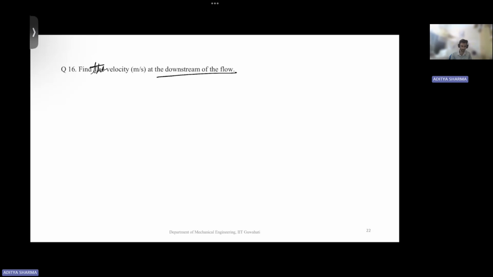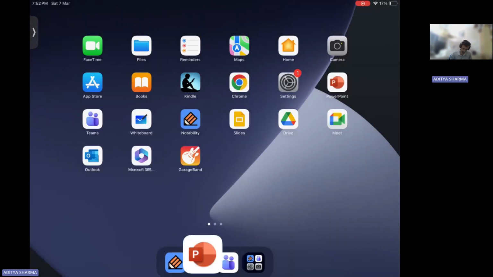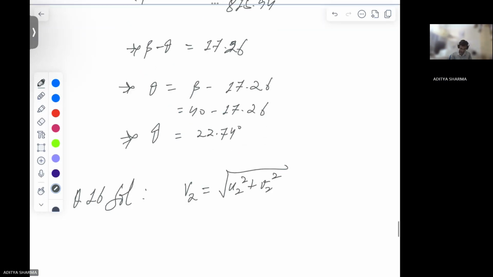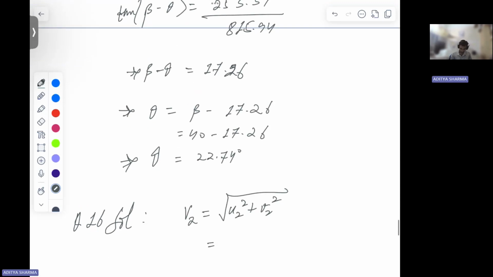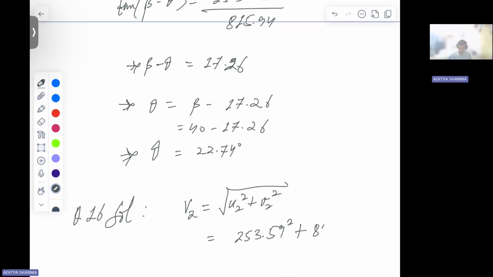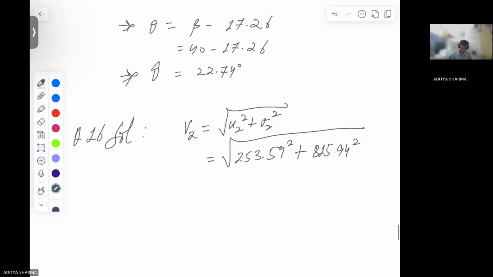So this will be V2, the square root of U2 squared plus V2 squared. So this is 253.59 squared plus 815.94 squared.